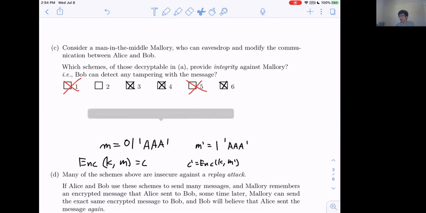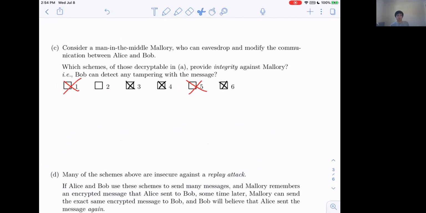It doesn't have to be a counter. It could also just be some random number. But what this means is Bob has to keep track of what messages he's seen before. So Bob has to have some element of state, if that makes sense.